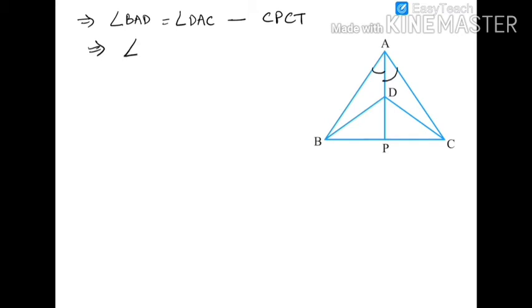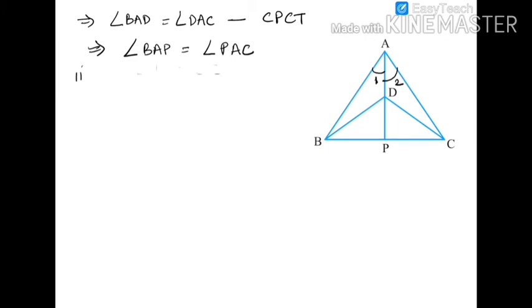This implies that angle BAP is equal to angle PAC, because it's given in the question that AD is produced to P. Let's mark these angles as angle 1 and 2.